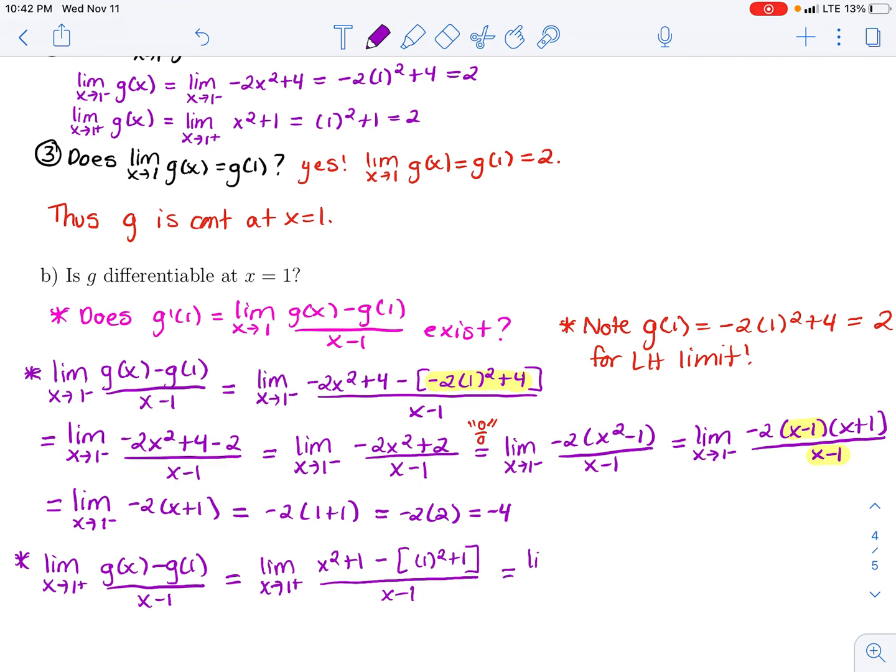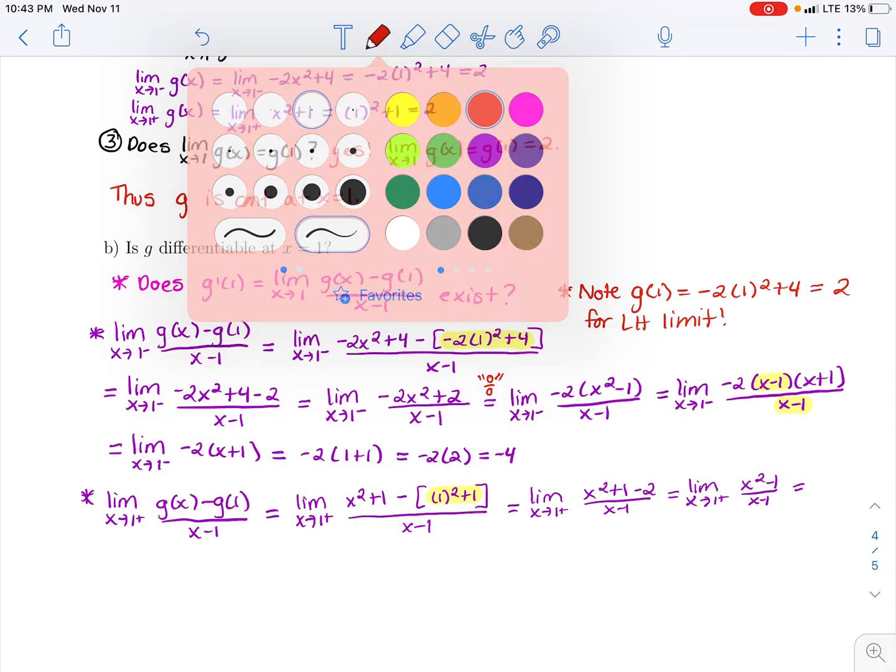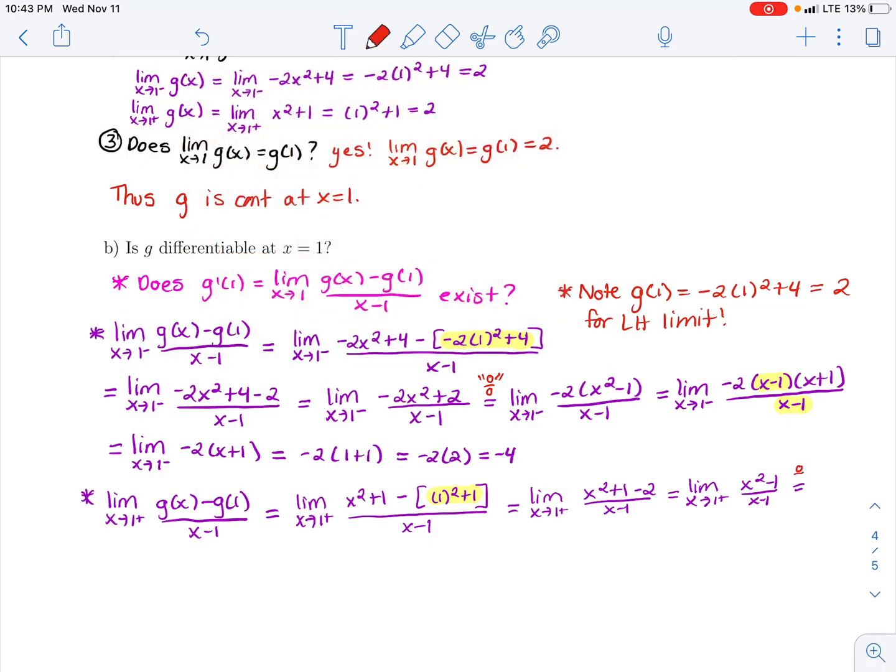When I simplify this, I get the limit as x approaches 1 from the right of x squared plus 1 minus 2 all over x minus 1, which gives me the limit as x approaches 1 from the right of x squared minus 1 over x minus 1. All I did here was simplify what was inside of the brackets, and then combine the 1 and the minus 2. Now, trying to figure out this limit, I get 0 over 0 again when I plug in 1.